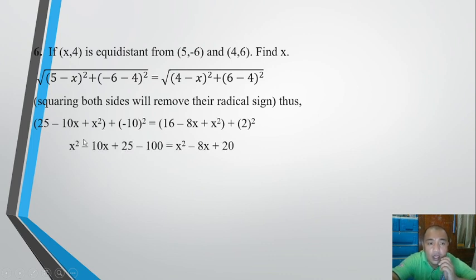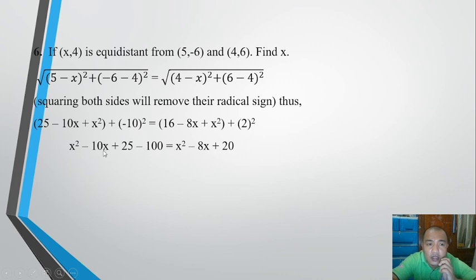It becomes x squared minus 10x plus 25 plus 100 equals x squared minus 8x plus 16 plus 4, 20. Wait, something looks wrong here, it should be plus.